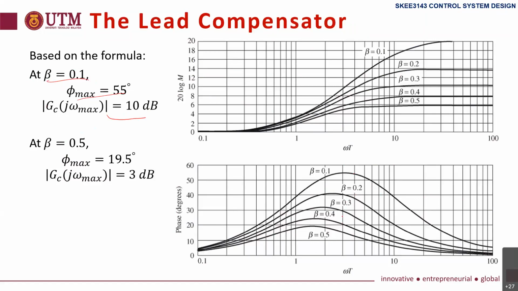So we can see here in the graph, at beta 0.1, the maximum phase is here. The peak is 55. It's similar to this, 55.